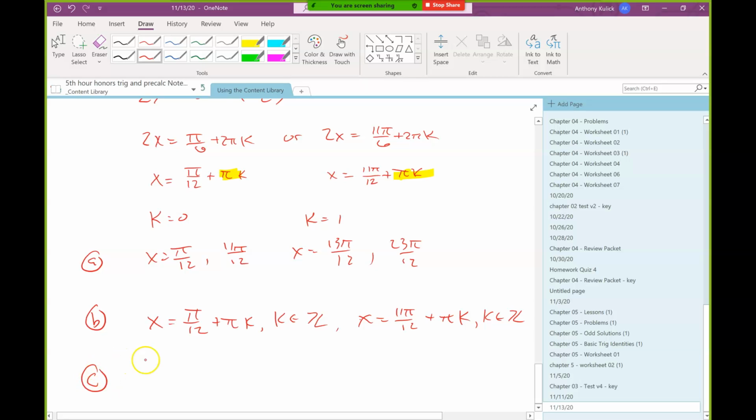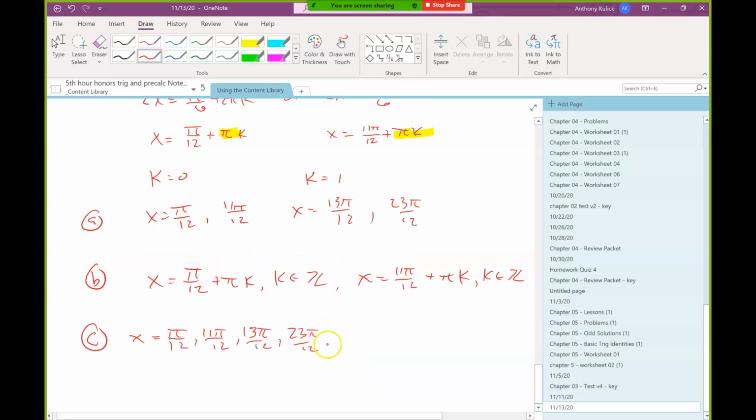For part C, again, we have all of our answers for part A. And then we have to worry about subtracting, right?